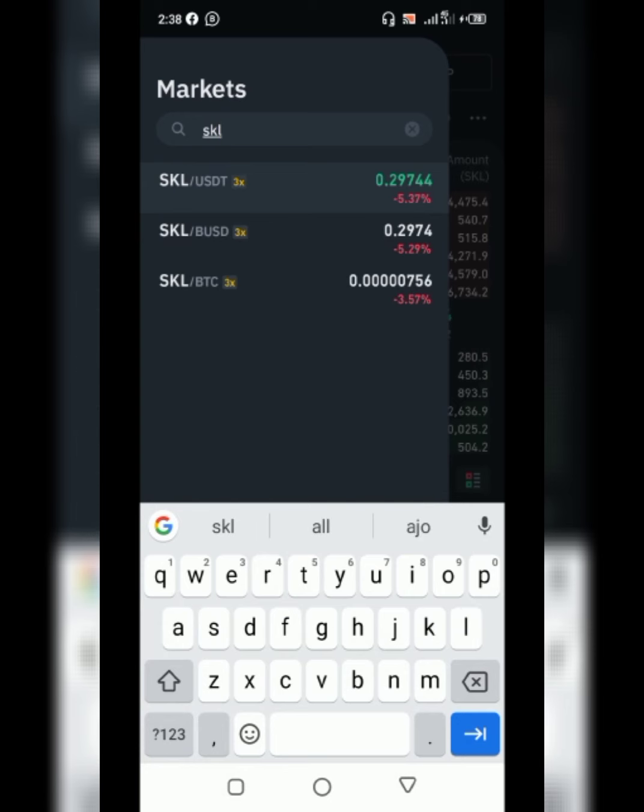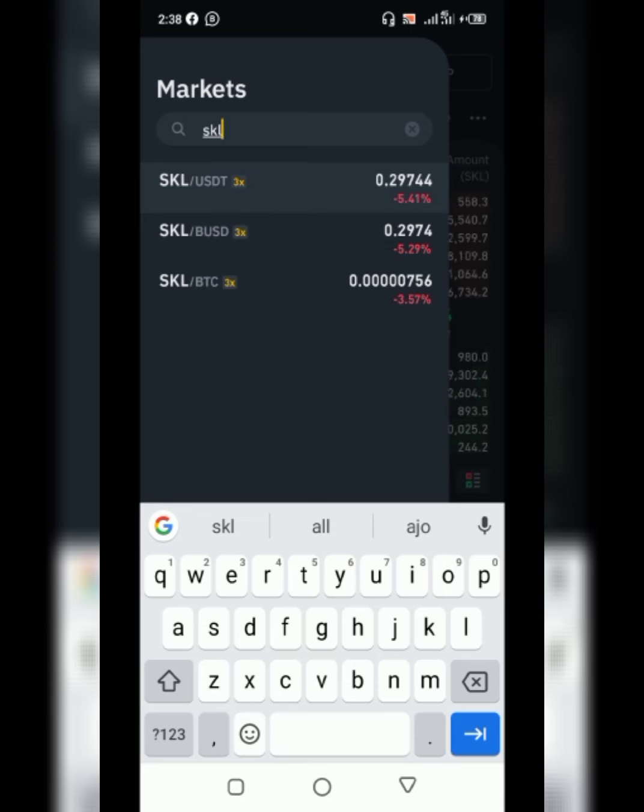Assuming you've been given a signal of SKL. What is showing right now is called a trading pair. It is the trading of one currency to another. It has only 3 pairs. Let's just say SKL is not a common coin, that is why you only have 3 trading pairs.